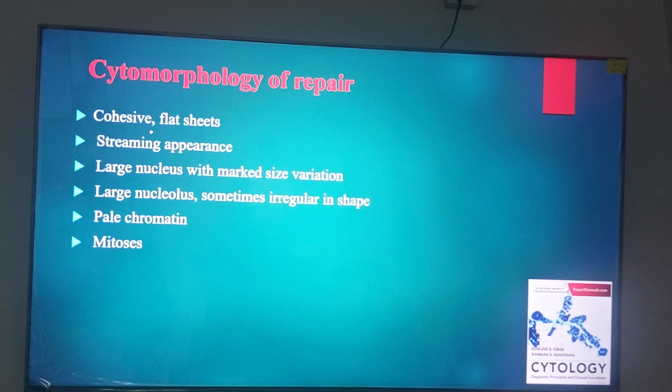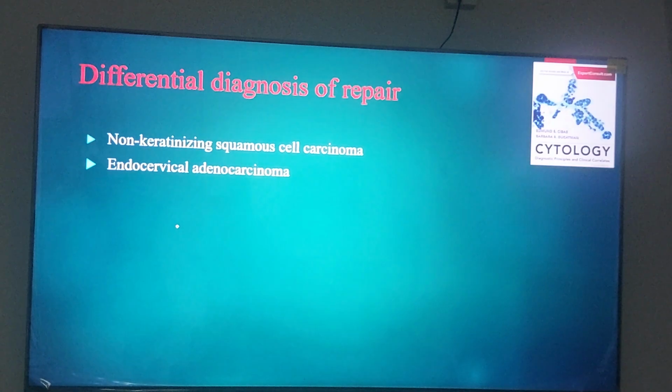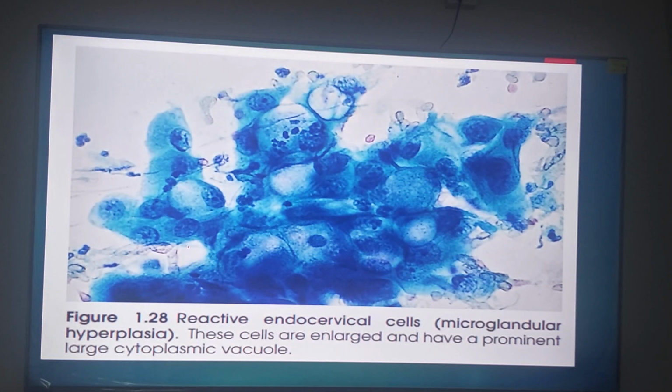Cytomorphology of repair: cohesive, boat-shaped streaming appearance, large nucleus with marked size variation, large nucleolus, sometimes irregular in shape, pale chromatin, mitosis. Differential diagnosis of repair includes non-keratinizing squamous cell carcinoma. It also must be differentiated from endocervical adenocarcinoma. This is reactive endocervical change showing microglandular hyperplasia.